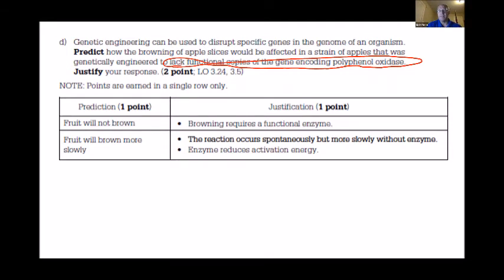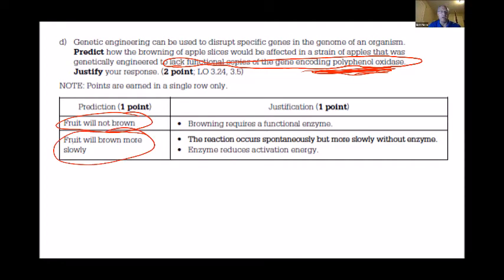Remember, this is the enzyme that causes catechol to be converted to the benzoquinone, which turns the apple brown. So if the enzyme doesn't work, that should mean the benzoquinone is never formed, and therefore the apple doesn't turn brown. So your prediction: apples won't turn brown, or they'll do so more slowly.